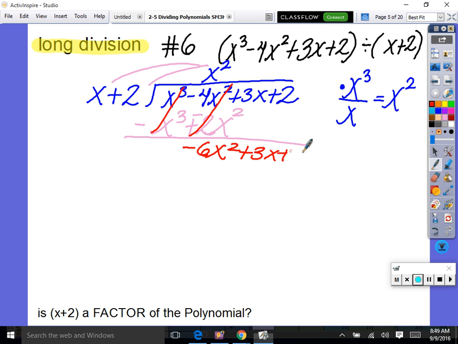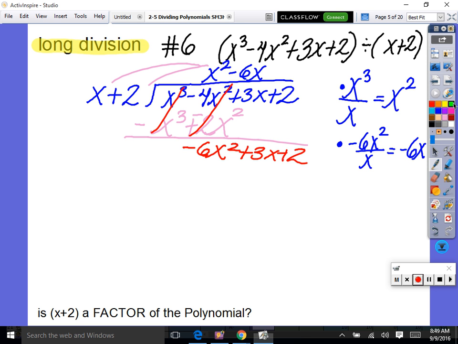And then plus 2. And we're doing our circle again. We go off to the side, focusing on the leading terms. So we have negative 6x squared divided by x, which is negative 6x, correct? That's what goes back on top. So we have minus 6x. And we're back to our circle.